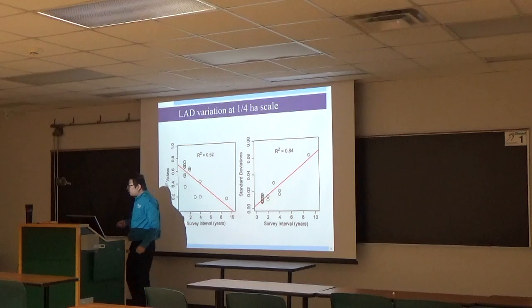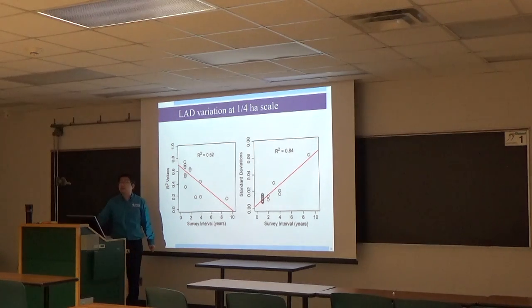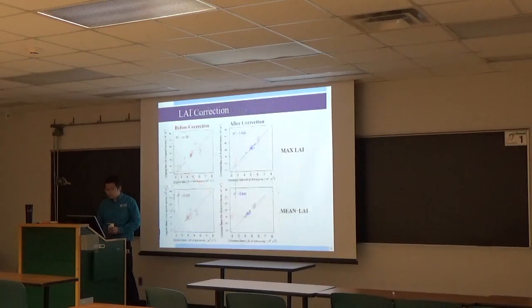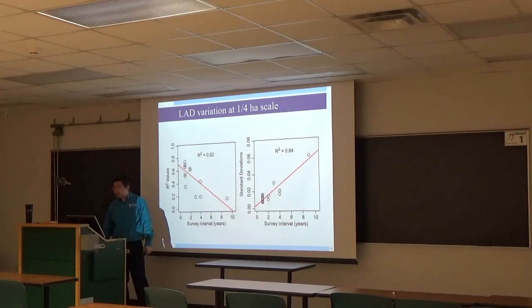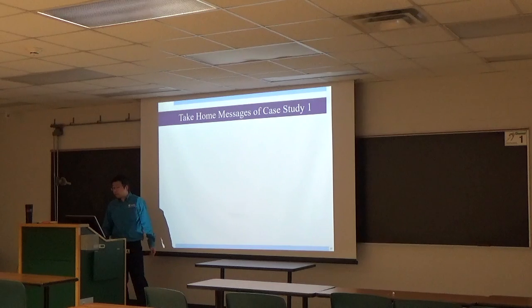So that means the leaf area profile is changing through time. But based on what we know in the previous slides, the LAI is not changed. So it's a pretty interesting finding, and that also leads to the second study of my work.